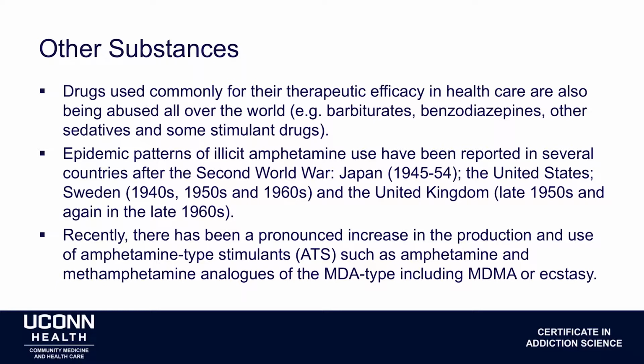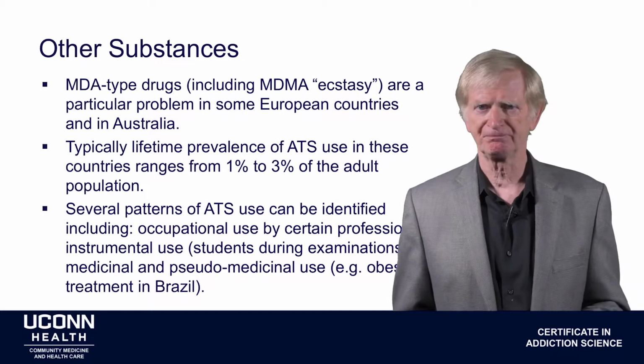So what we see often is the development of a new substance, its distribution within society, for example, through the legal prescription system, and a gradual increase in the abuse, followed by changes in policies which then can reverse an epidemic. But epidemiology often plays a key role in helping to monitor the spread of an epidemic. And this is no less true of the epidemics that have been associated with the illicit production of a synthetic drug called methamphetamine, as well as MDMA, club drugs, and opioid pain medications.